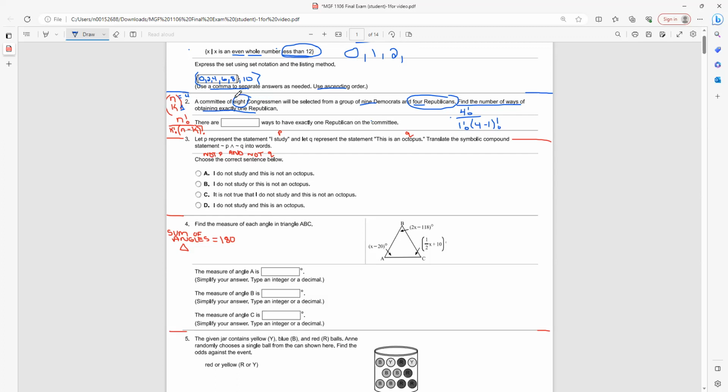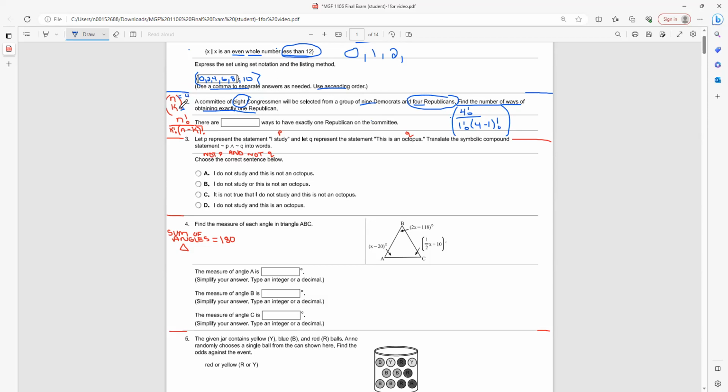For number 2, a committee of 8 congressmen. So we want to choose 8 congressmen from a group that has 9 Democrats and 4 Republicans. So first we want to choose how many options for Republicans we could have. So we're having our option of 4 Republicans, but we're only choosing 1.